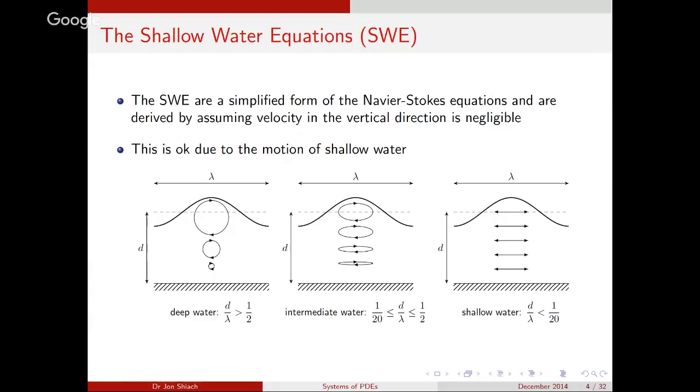And this is why the shallow water equations are applicable, but only when the depth to wavelength ratio is less than 1/20th. If you wanted to model water where the ratio is greater than 1/20th or even greater than 1/2, you couldn't use shallow water equations. But it's a simplified model, and that's what we're going to be looking at today.